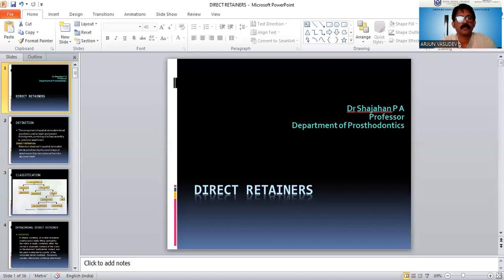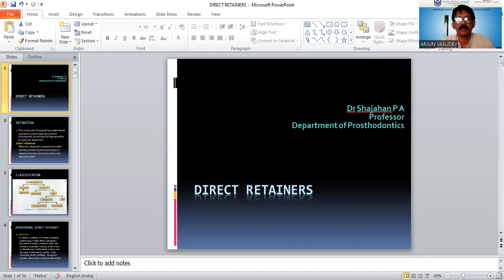Now the next terminology is height of contour. It is a line encircling a tooth and designating its greatest circumference at a selected axial position determined by a dental surveyor. A line encircling a body designating its greatest circumference in a specified plane.